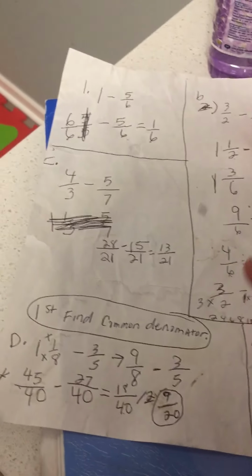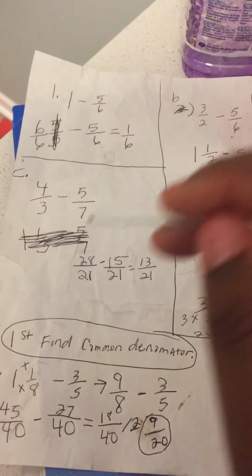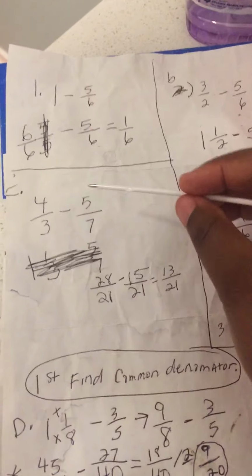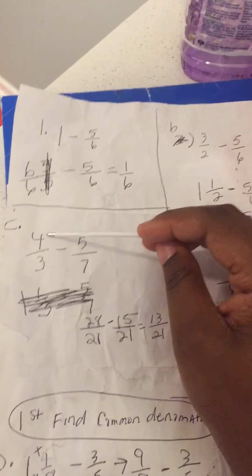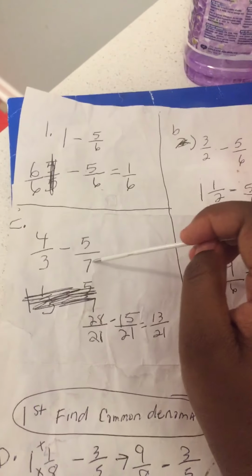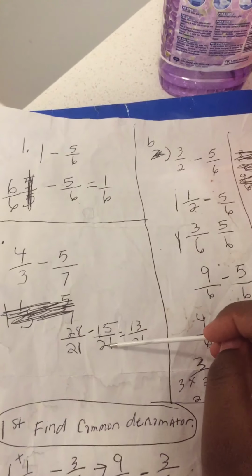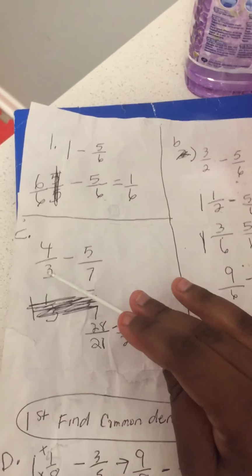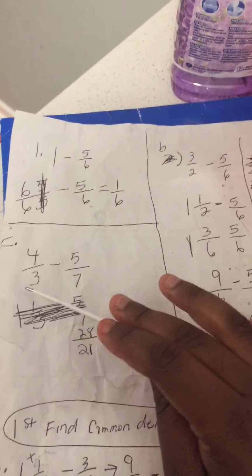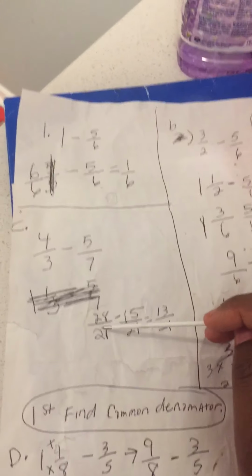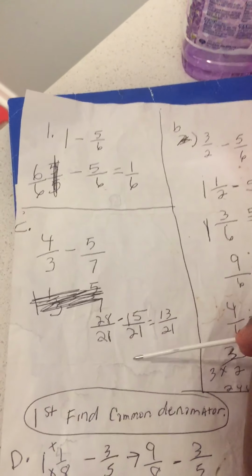Okay. I think that's what we had to do. I don't think we did this one. Okay, so 4 over 3. We have to find a common denominator between these two. That's both 21 and 21, because 3 times 7 is 21. And sometimes it doesn't go like that, but this is just a common denominator between those two.